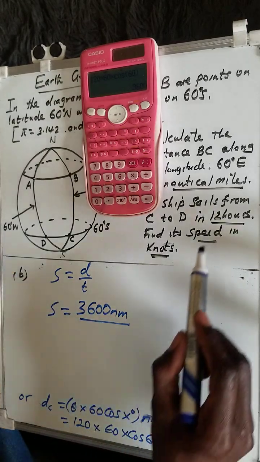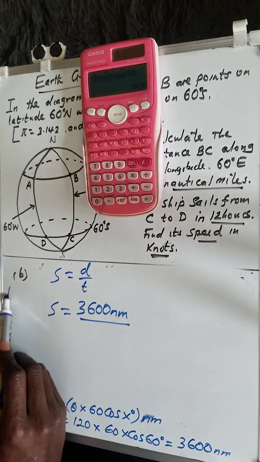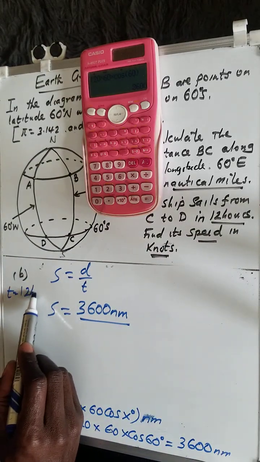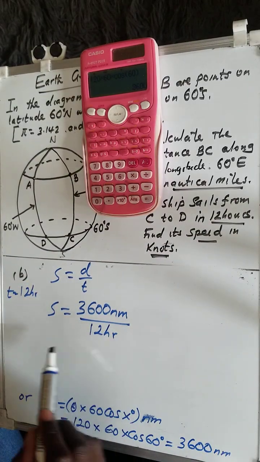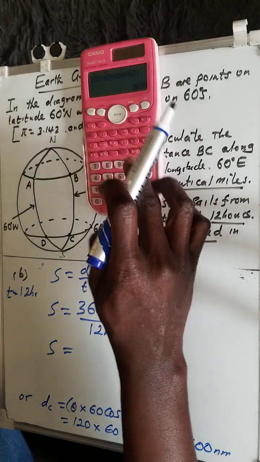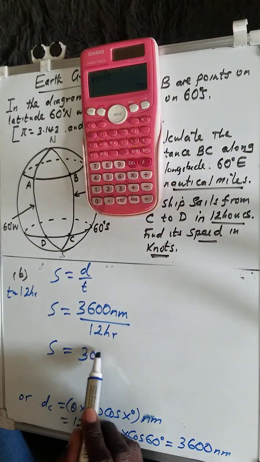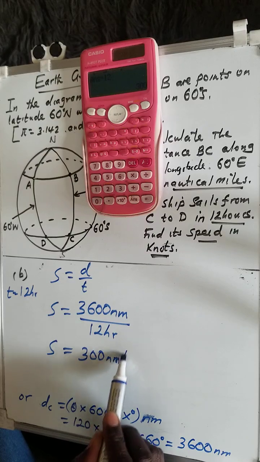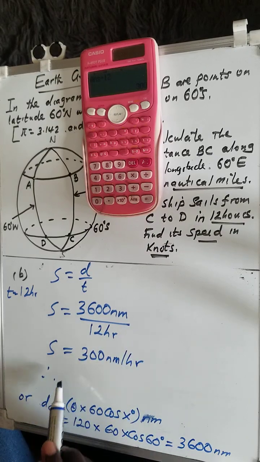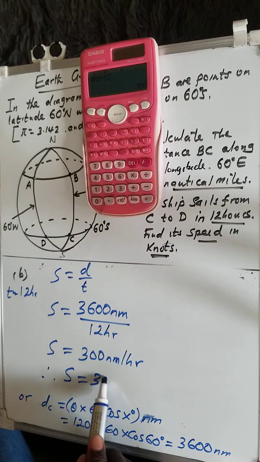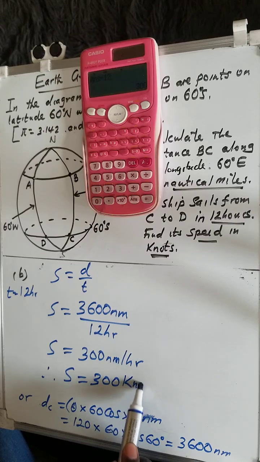And what was the time? They told us it was 12 hours. Our T is simply 12 hours. So divide by 12 hours. If you divide that by 12 hours, which you can easily do, that will give us 300 nautical miles per hour. Therefore, I can simply say speed is equal to 300 knots.